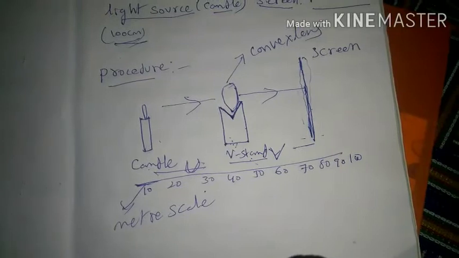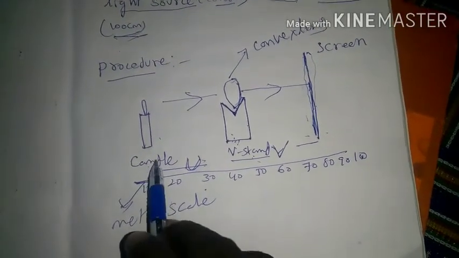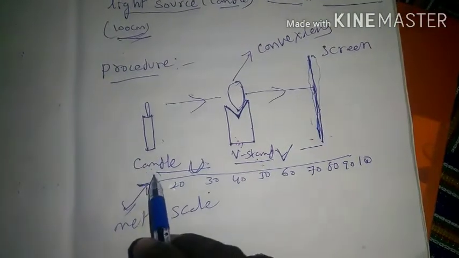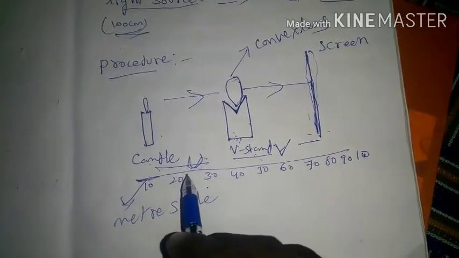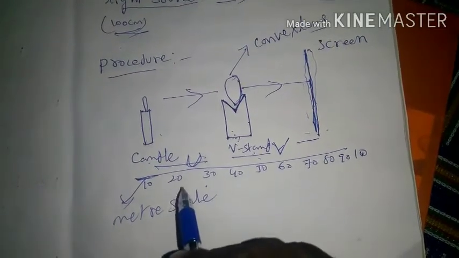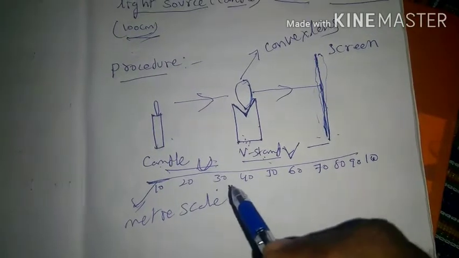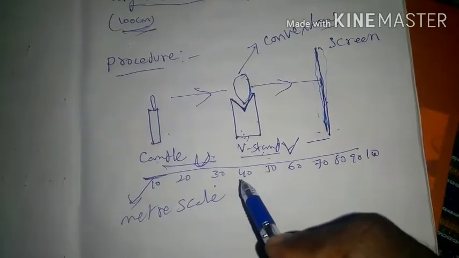Now place the candle at a distance of 50 centimeters from the lens such that the flame of the candle is on the principal axis of the lens.